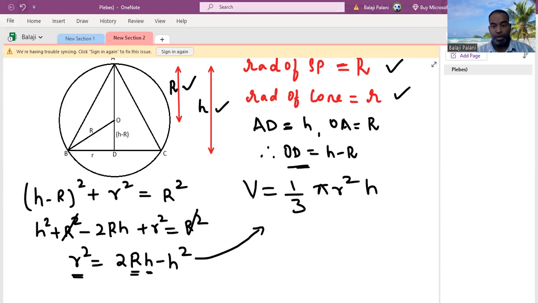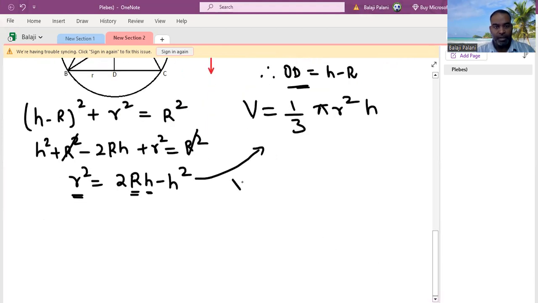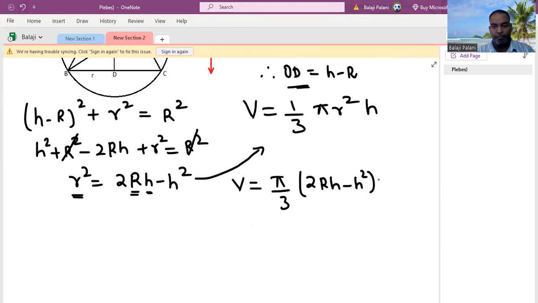In place of small r square, I'm going to replace this. So V gets transformed to 1 by 3 pi, in place of r square it is (2RH minus H square) multiplied by the height H.